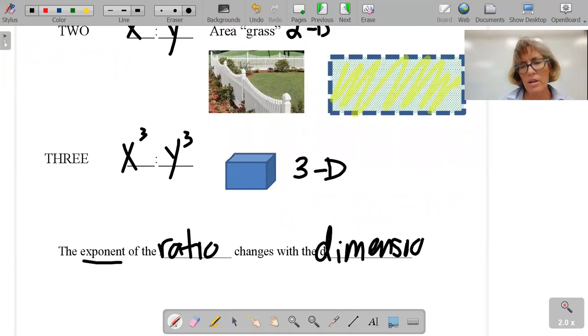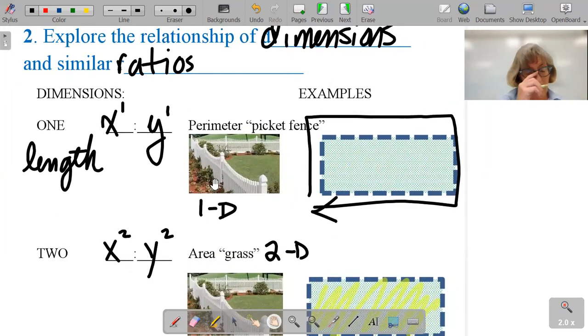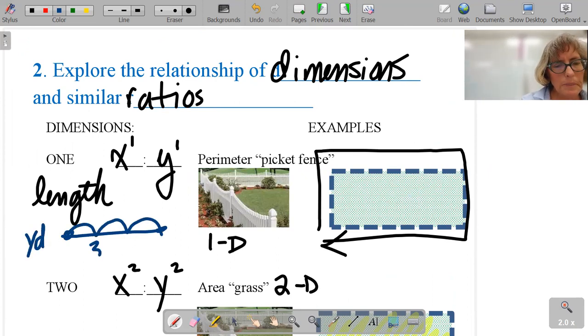Let me give you a practical example. Very practical, very simplistic. We've done this in class before. You learned, probably in 3rd or 4th grade, this really simple concept that 1 yard is 3 feet. So you learned this ratio, that 1 yard equals 3 feet.